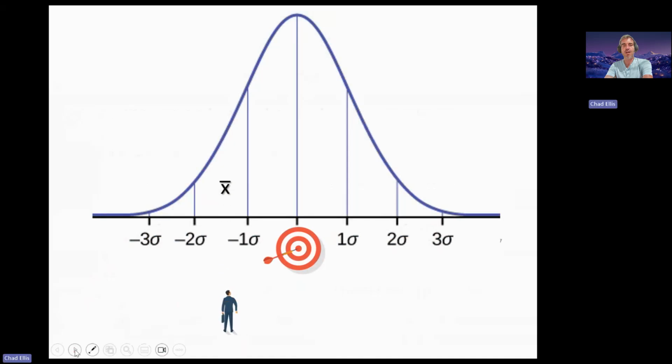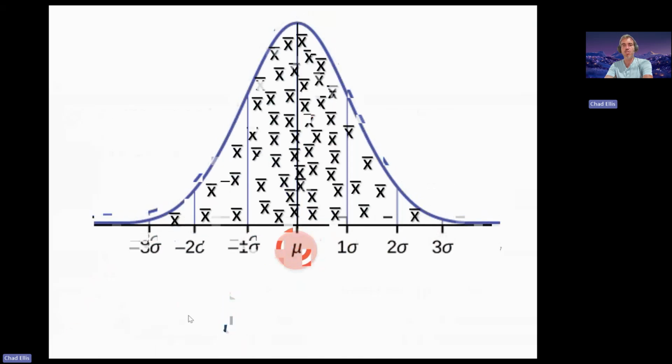So our X bars: there's one sample mean, there might be another sample mean there, another one there. They're all not exactly going to give us a match for the population mean. But over time, if we take enough samples, those sample means, those X bars, should form a normal distribution.